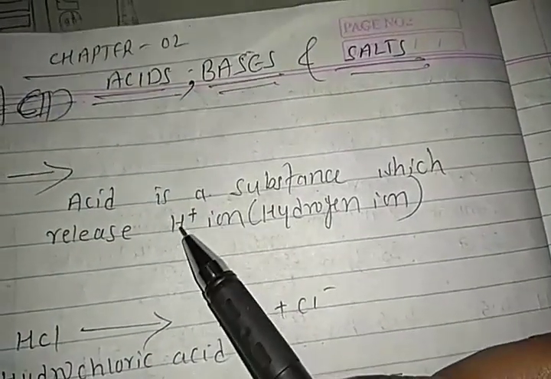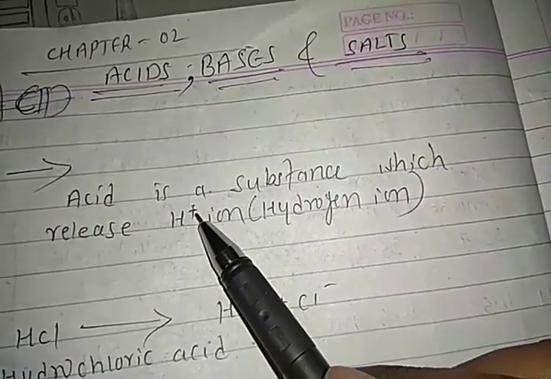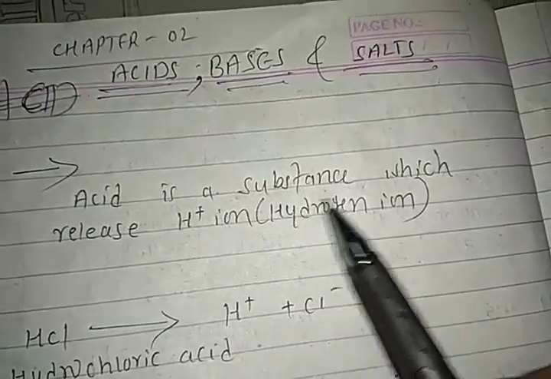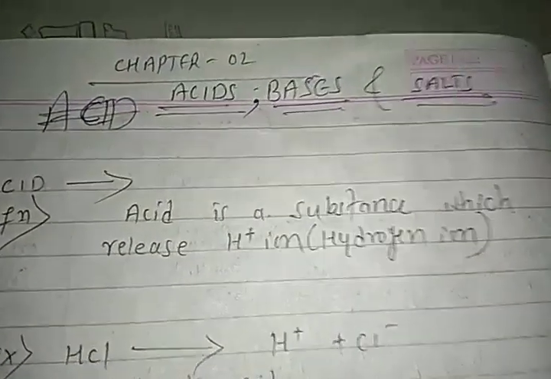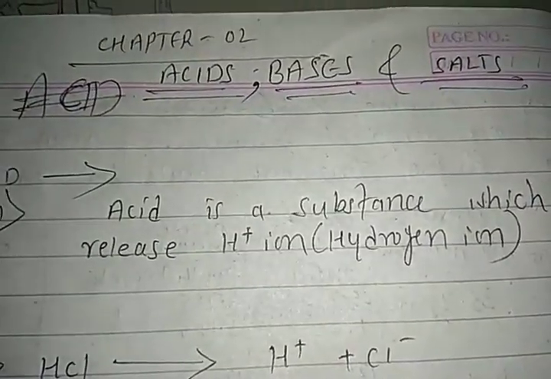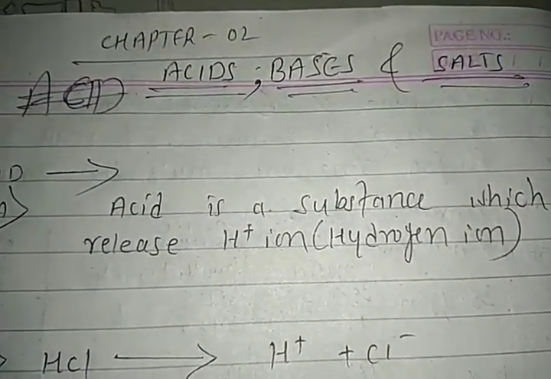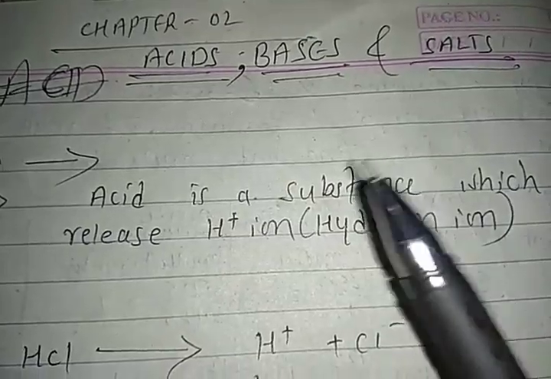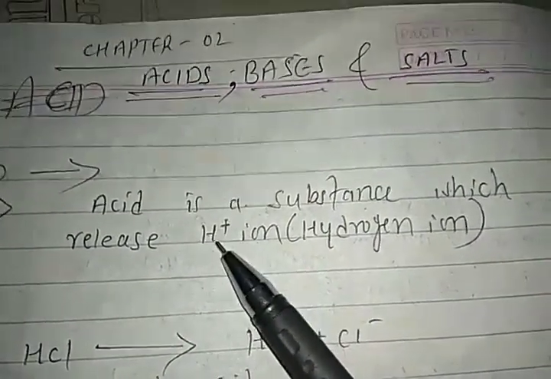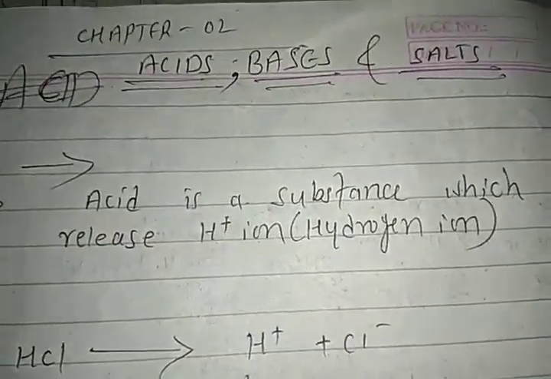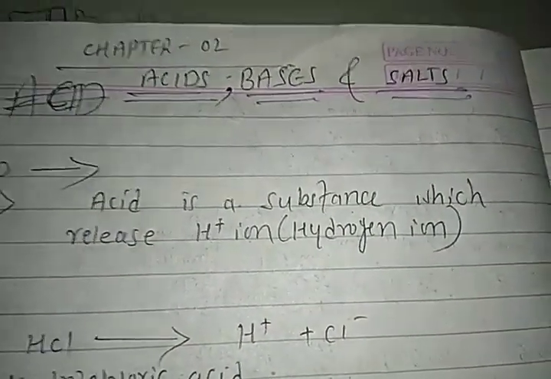This hydrogen develops a positive charge, so it is called hydrogen ions. Right, students? Understood? So all the acids are definitely releasing hydrogen ions, and this is why we call them acids.